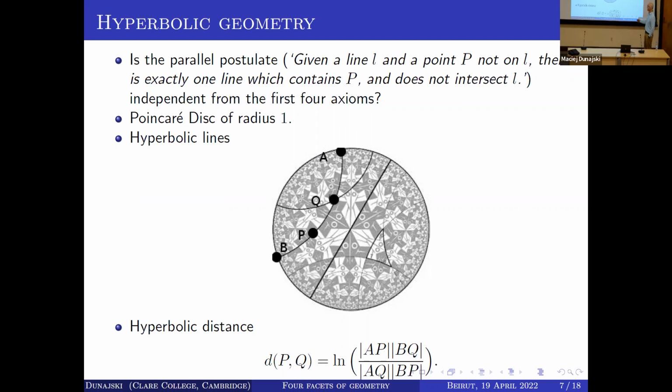It can also be shown that the boundary of this disk with respect to this hyperbolic distance is infinitely far apart from the origin. So that kind of explains why the angels and demons seem smaller, they're just very far away, but they are the same size.